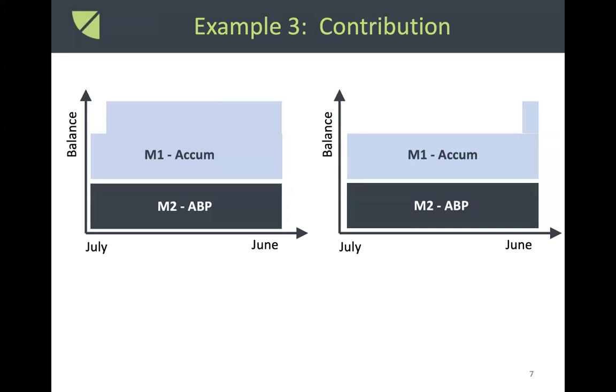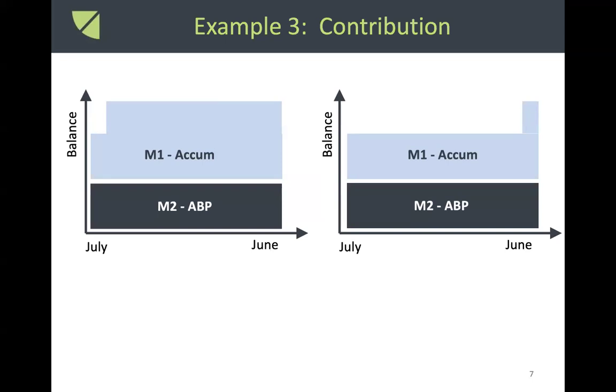Now we're going to come on to our third example, which is looking at contributions and the timing of contributions. And what I would like to do here is compare these two different scenarios and work out which one is going to give a better outcome.